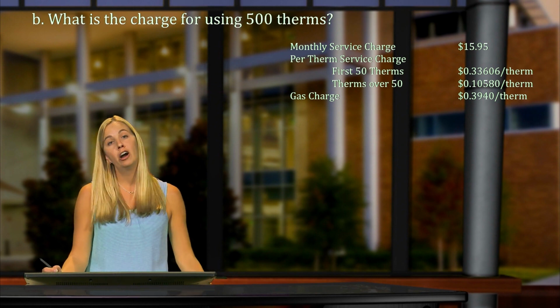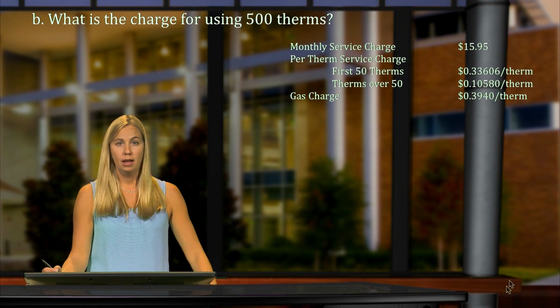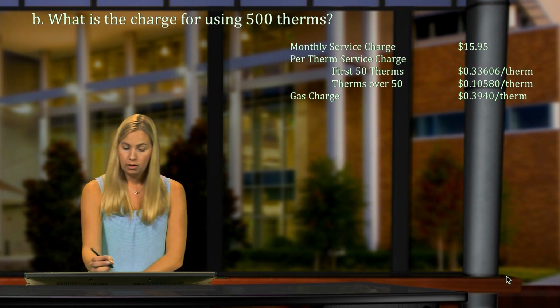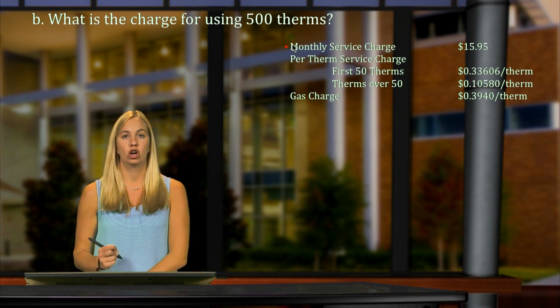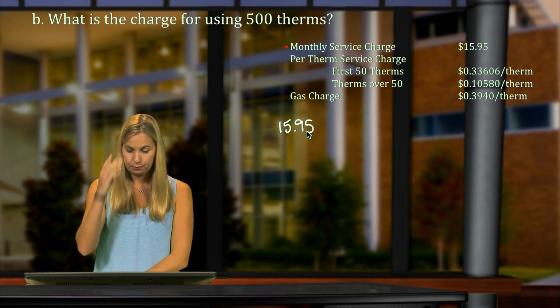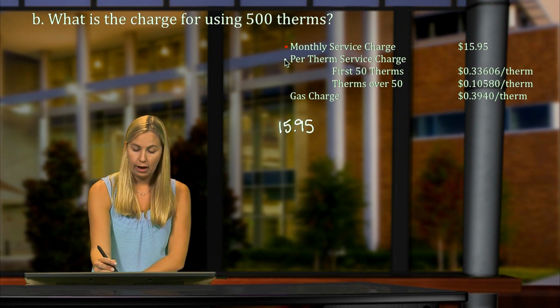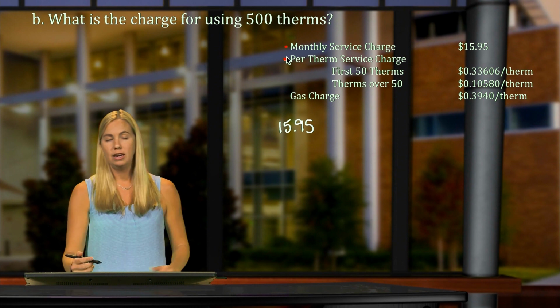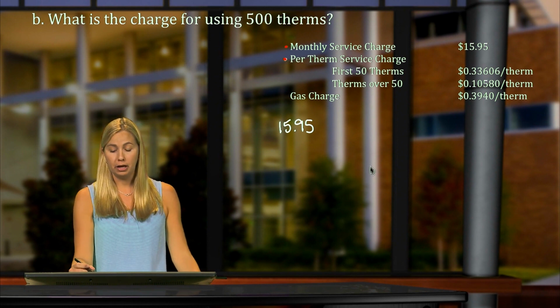What if we used 500 therms in 1 month? How does that change the way we determine what our bill's going to be? Again, we have our service charge of $15.95. We also have a per therm service charge. Now here's where we've got to read very carefully.